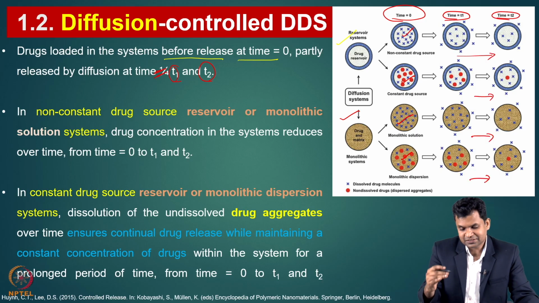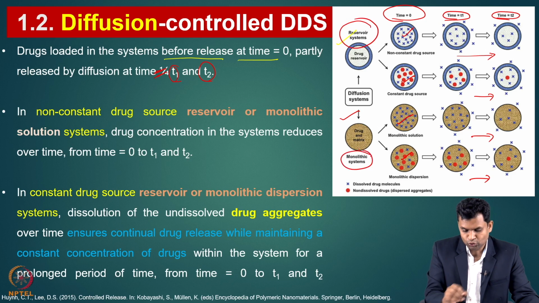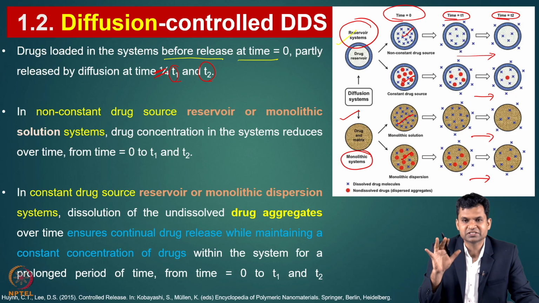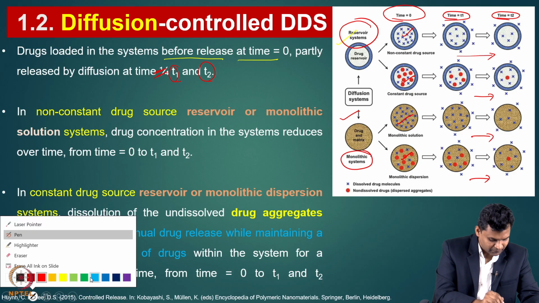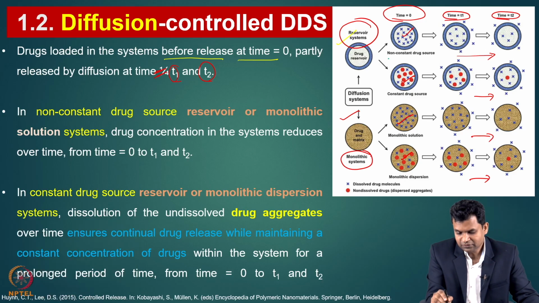Now these two systems, reservoir systems and monolithic or matrix systems, are the two diffusion systems. Again in that we can see two different varieties, right. Here is the non-constant drug source, and the monolithic also comes into the same category.